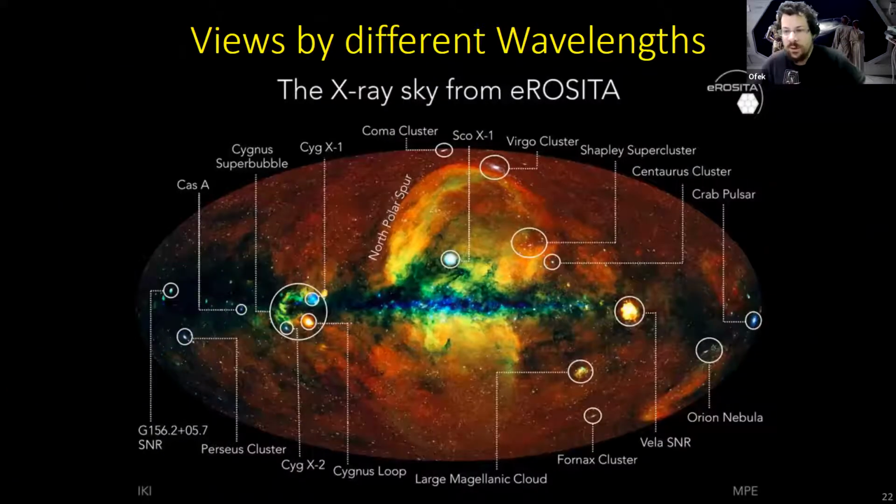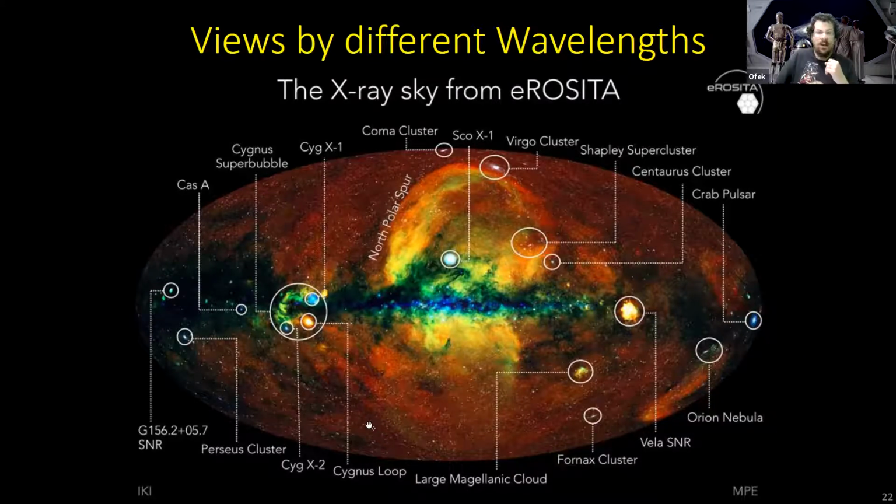Okay, looking a little closer here in X-rays, we can see some of the same famous sources. Again, the Vela pulsar, the Crab pulsar, and other pulsars, another black hole, Cygnus X-1, supernova remnants, which we can find as strong X-ray emitters.